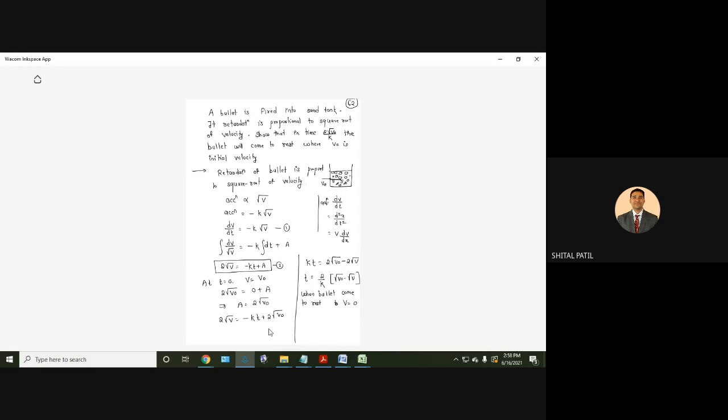Rest means velocity 0. So t equal to 2 by k root v naught. That is what we want to prove. Hope you might have understood it. Next. Understood the problem? Let me go to the next page.